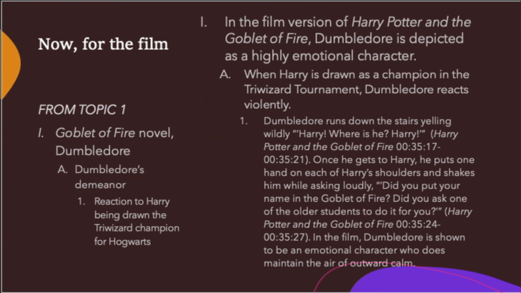Because our topic sentences mirror, because we're both talking about Dumbledore being depicted as something. Same thing over here. And then when we get a little more specific, in this instance the Triwizard Tournament, it mirrors the Triwizard Tournament in the previous topic, and then specific information shows where it gets different. Okay, so just keep that in mind.